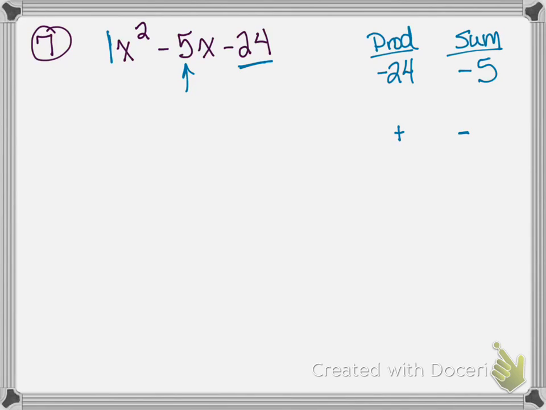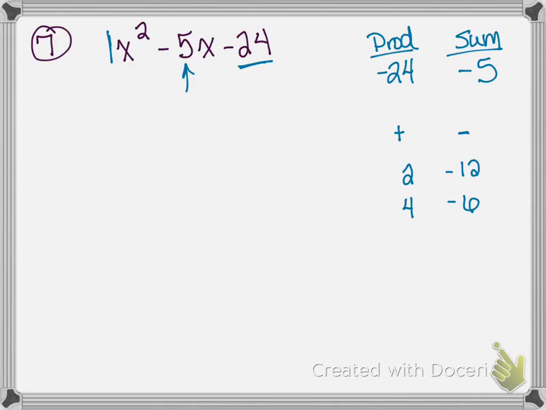So I'm going to start looking for some numbers. I'm going to say 2 and 12, and I'm going to make the 12 negative because my sum's negative. Okay? If I add those together, am I going to get negative 5? Nope. 4 and negative 6.